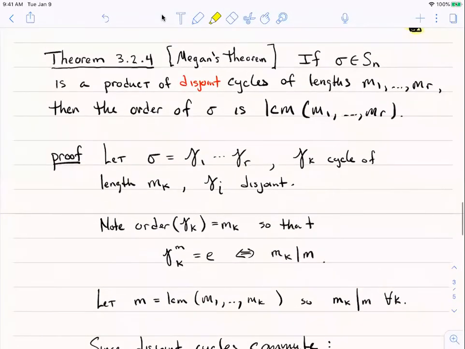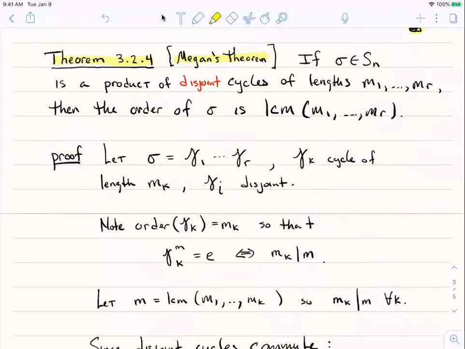So let's look at this last theorem, the theorem about computing orbits. I'm going to refer to this as Megan's theorem, because in our online Zoom meeting today, Megan guessed at this. She computed the order of a sigma by taking the least common multiple of some numbers, and that's precisely what this theorem says.